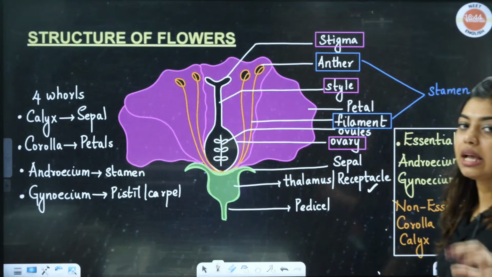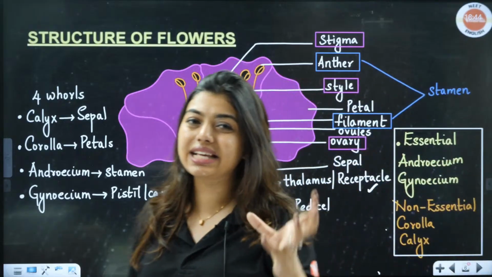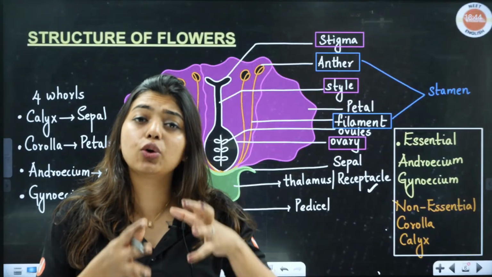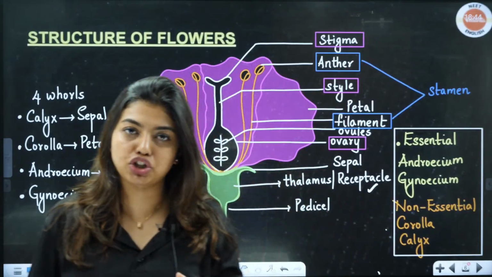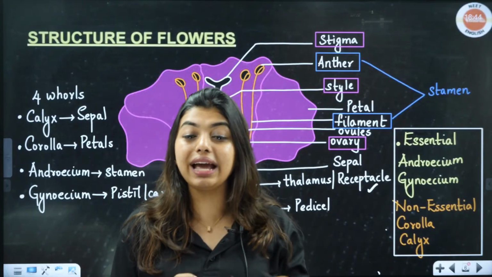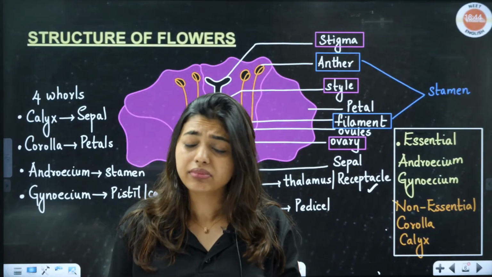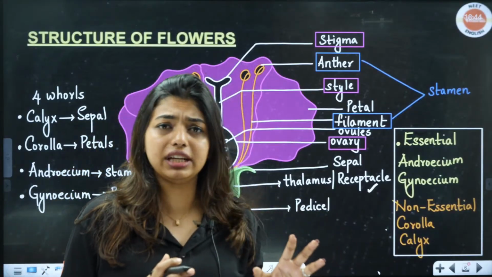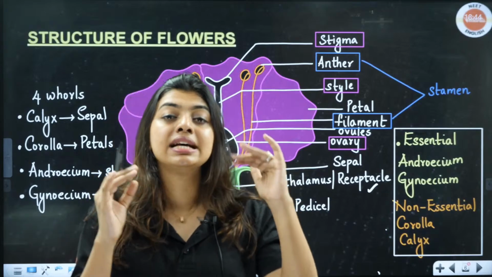So, now students, in this flower there is something called essential and non-essential parts. Essential parts are the ones that directly help in reproduction, okay. Non-essential parts are not directly involved in reproduction, but they help in some way or the other.